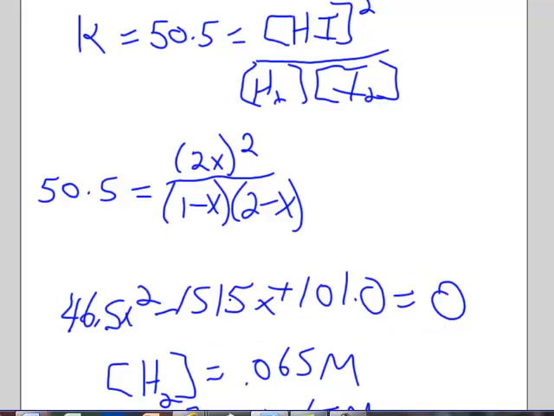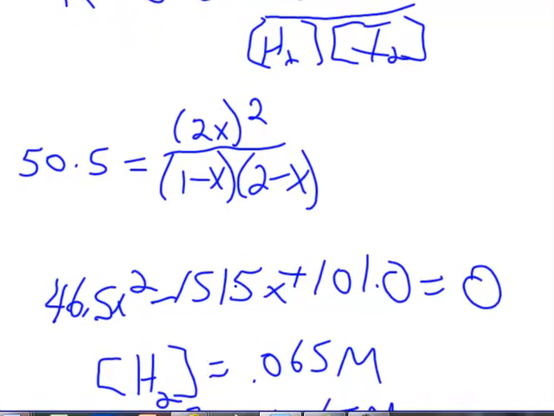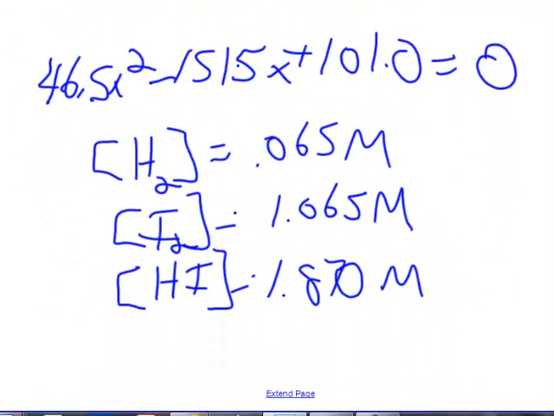Plug, chug, and out come the answers. H2 is 0.065, I2 is 1.065, HI is 1.870. If you would like to see that all worked out for you, it is in the book. It's sample exercise 15.12, which is on pages 648 and 649. But try to work out the math yourself first before you go and look this up.